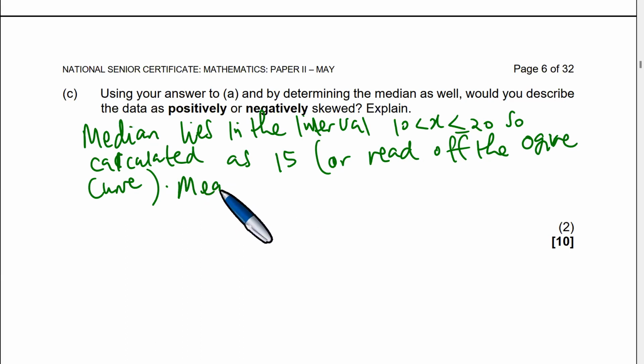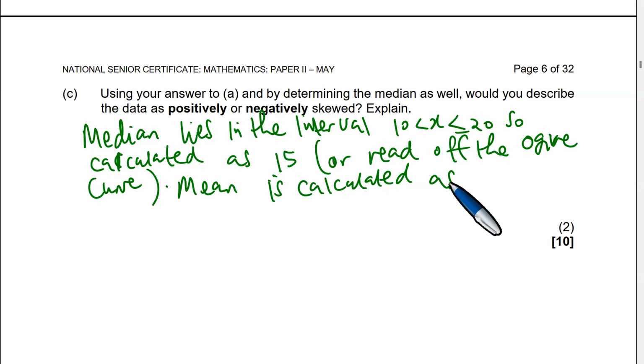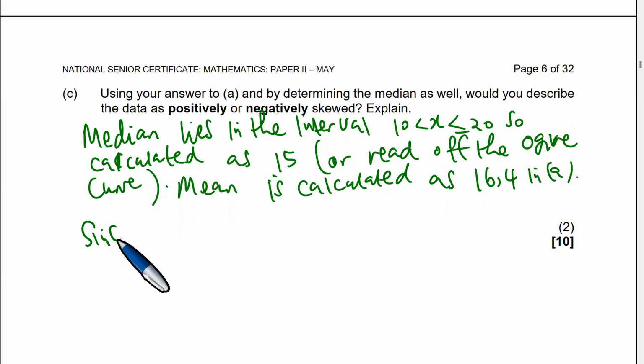Mean is calculated as, right, we got the mean to be 16,4 in A. Since the mean is therefore bigger than the median, because we said the median lies in the interval 10 to 20.